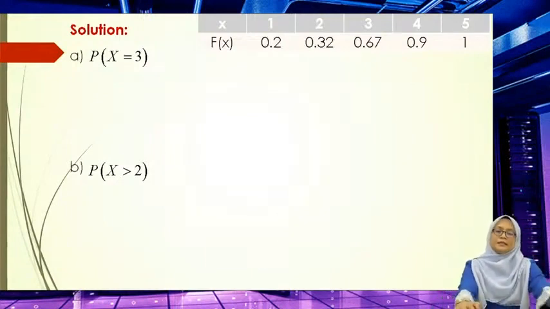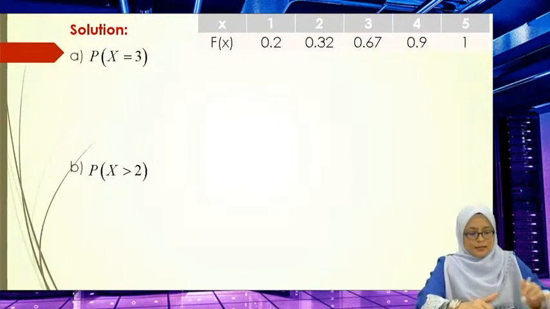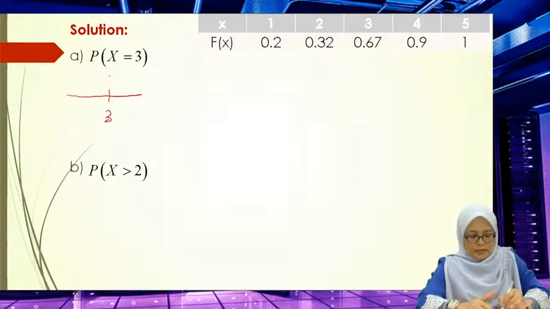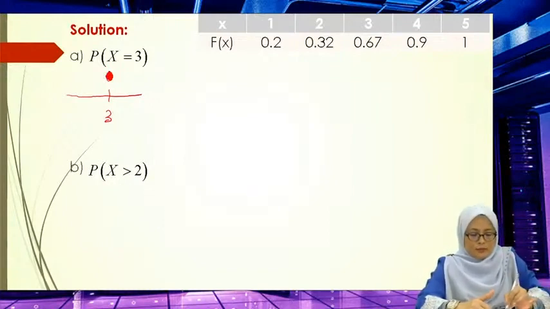Okay, so first kita nak cari probability X equal to 3. Macam tadi juga, kita tanda dulu kita nak nilai probability apa. So ini 3. So equal means that circle, bulat hitam. So probability yang kita nak adalah probability X less than or equal 3.